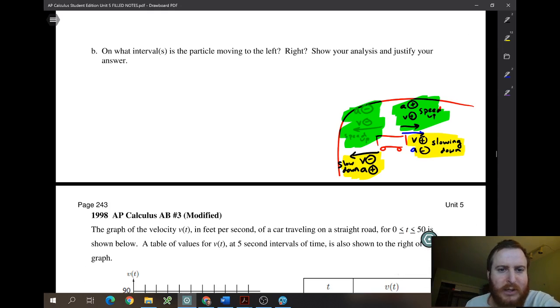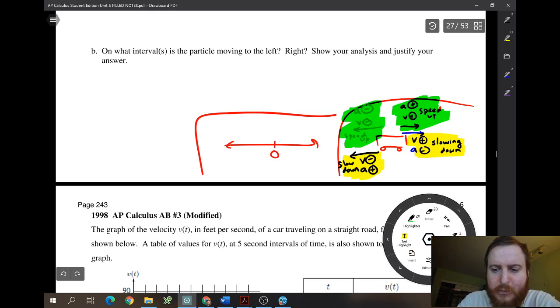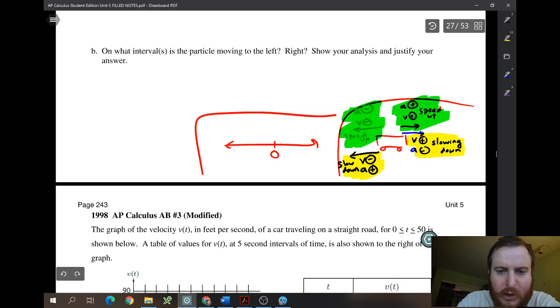There is another concept that's very similar, and that's the particle moving to the left or moving to the right. And so if we think about that on our number line, moving towards the origin or away from the origin. So if I was a particle over here, my position is positive.